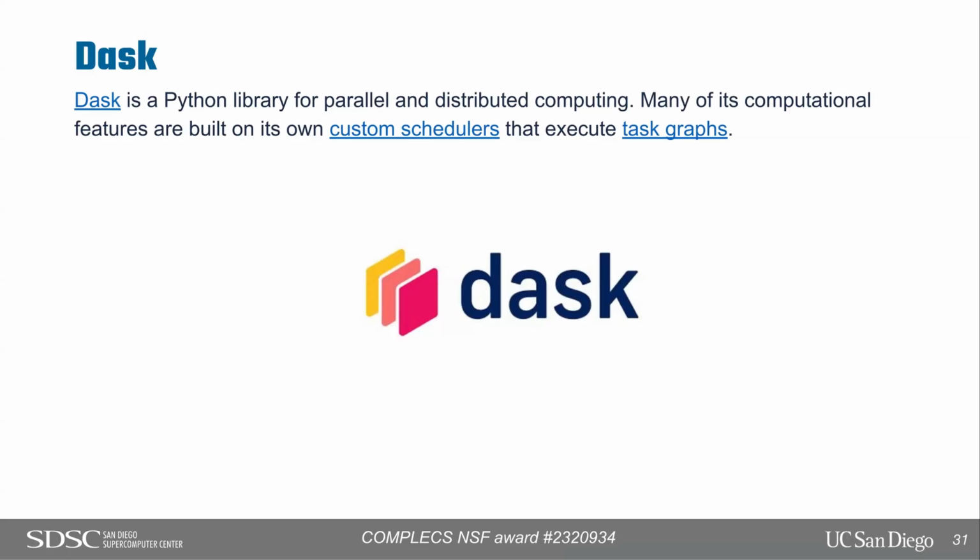If you're working in Python and doing a lot of data frame type work, hopefully you've heard of Dask. If you haven't, this is the parallel version of Pandas, essentially. It has its own built-in schedulers and task graphs of how the computational elements that you stitch together will get executed in parallel and distributed across multiple resources.